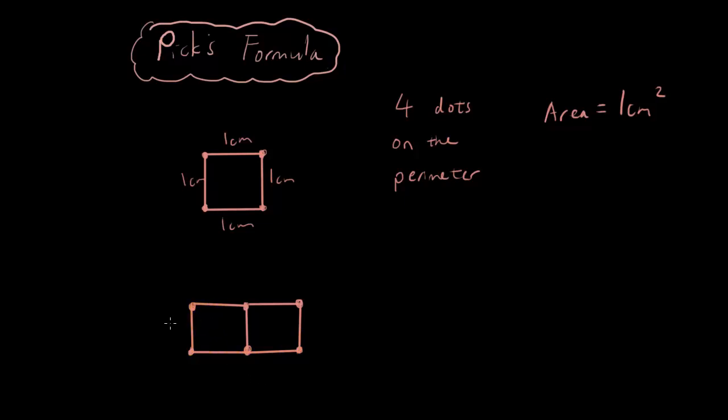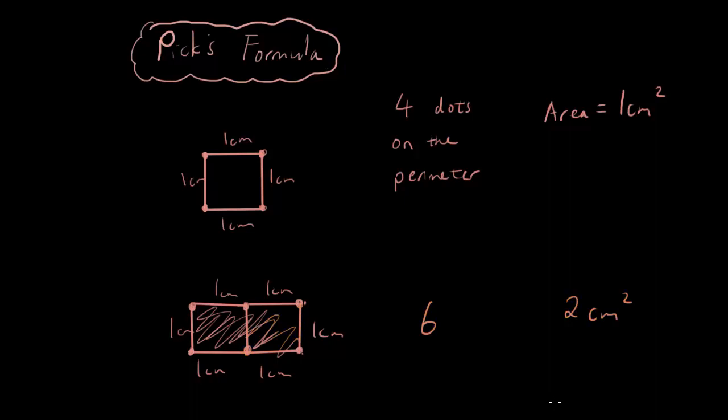It's still 1 centimeter between all the dots. Now we have 1, 2, 3, 4, 5, 6 dots on the perimeter. And what is the area? The area is now 2 squares, 2 centimeters squared.